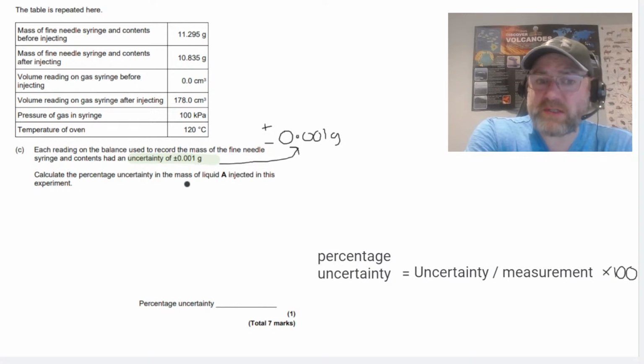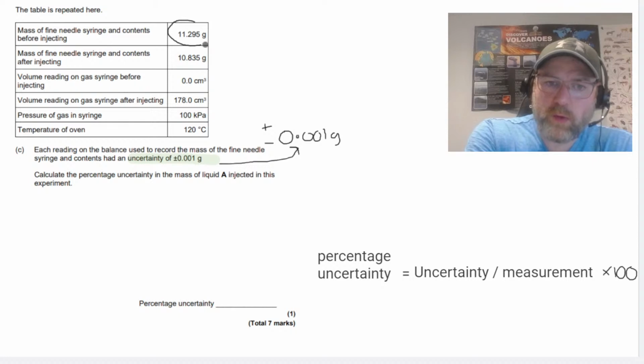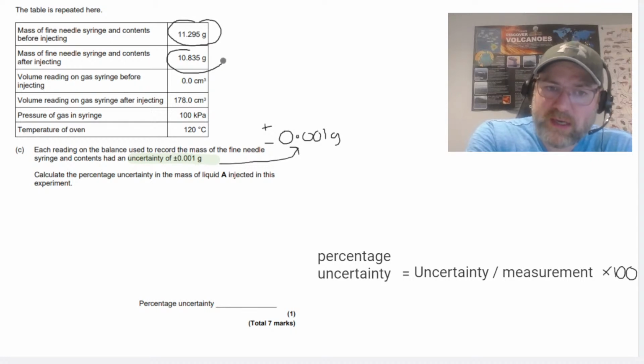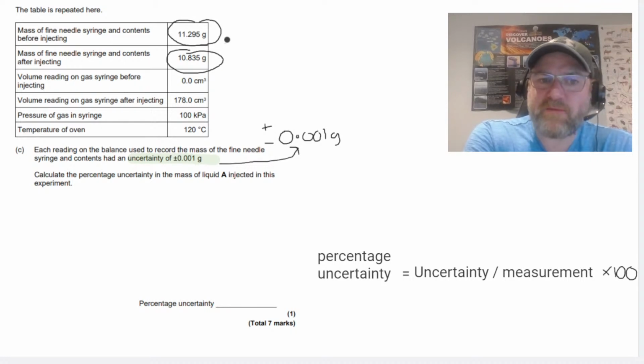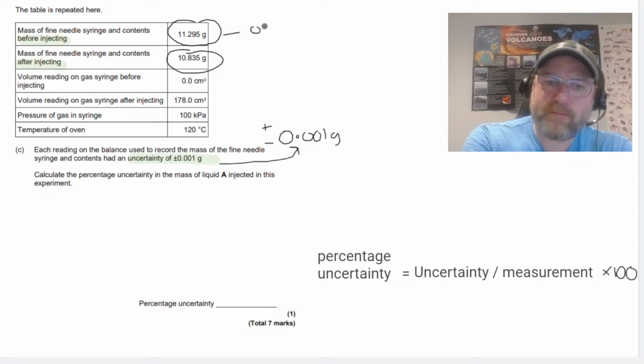Calculate the percentage uncertainty in the mass of liquid A injected in this experiment. Well, look, we've got two readings. We took an initial reading, the mass of the fine needle and syringe before injecting, and then after we injected. So we took two readings. That means we've got uncertainty here.